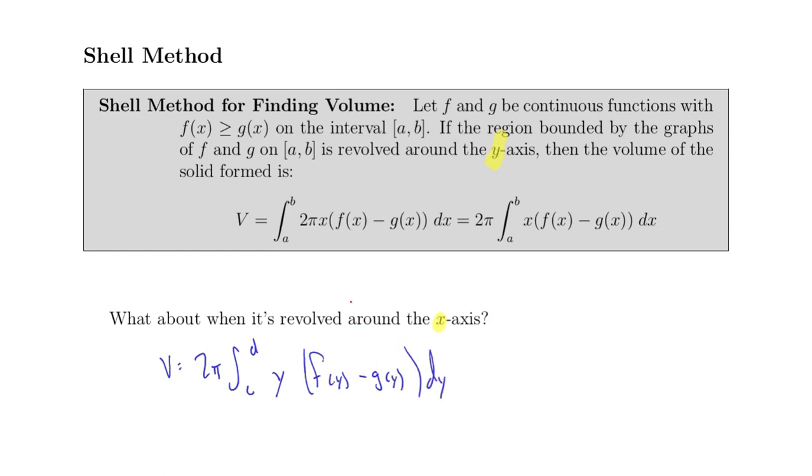And again, we're not thinking about top and bottom, we're thinking about right and left because we're thinking about this inequality. Here, f of y has to be greater than or equal to g of y. So we're thinking about this one has bigger x values, it's further to the right. No big deal though, we just swap variables around.